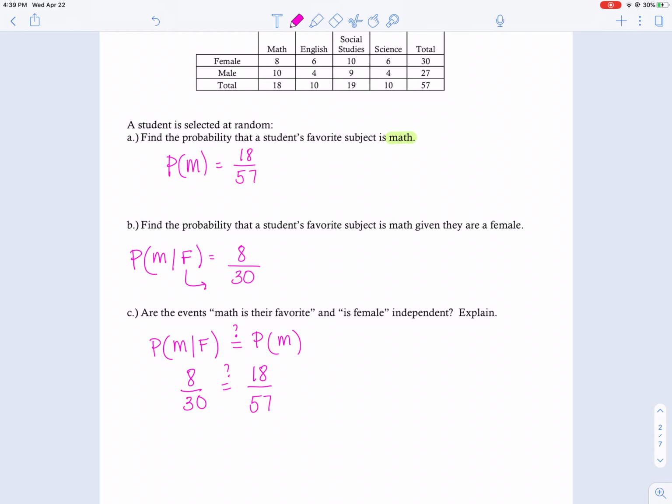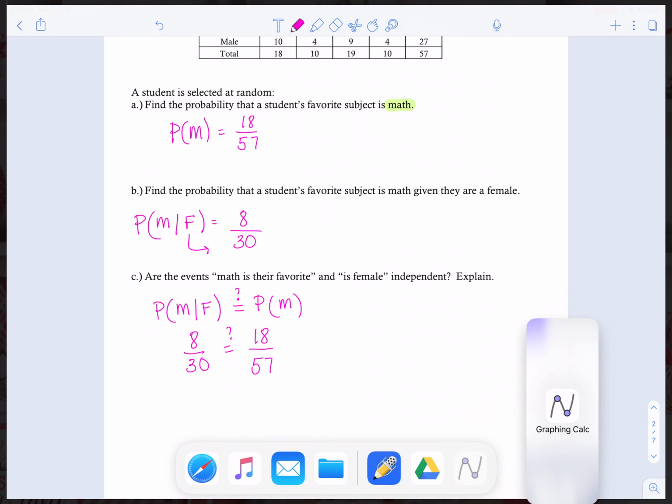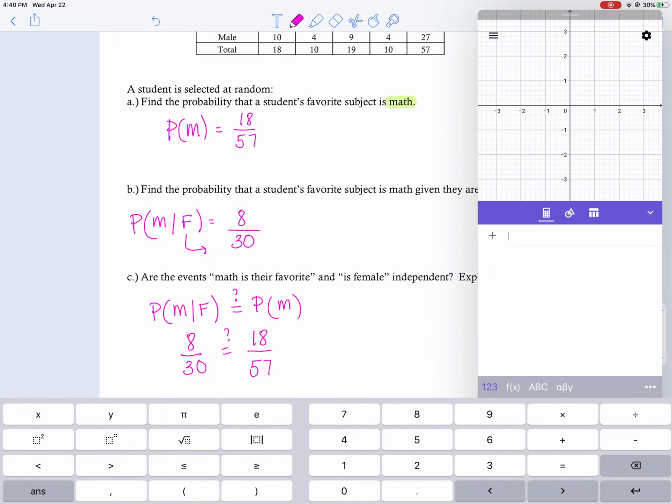Okay, so are these equal fractions? So I'm going to just pull up GeoGebra off to the side and do 8 divided by 30 and 18 over 57. Okay, so we could see they are not equivalent.